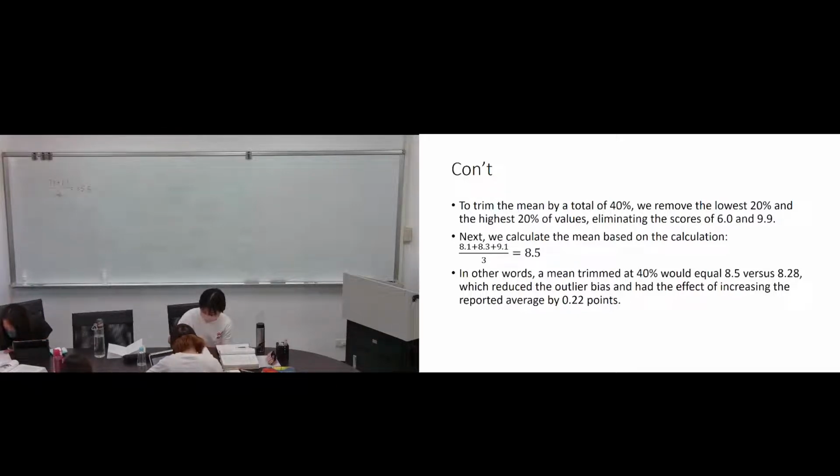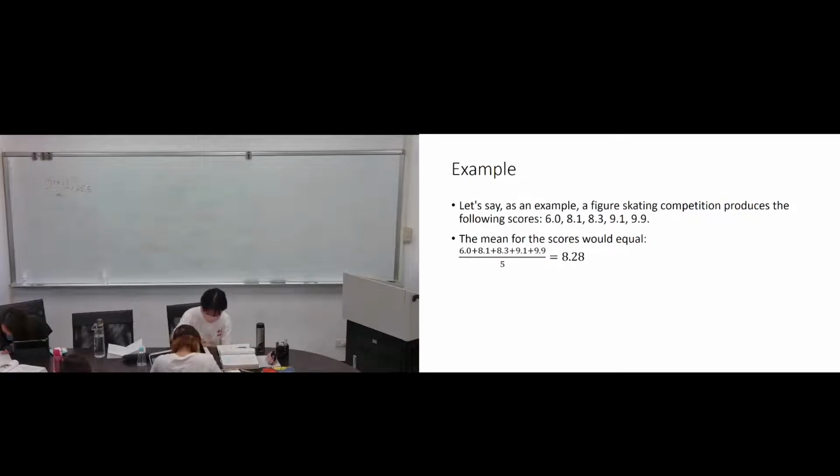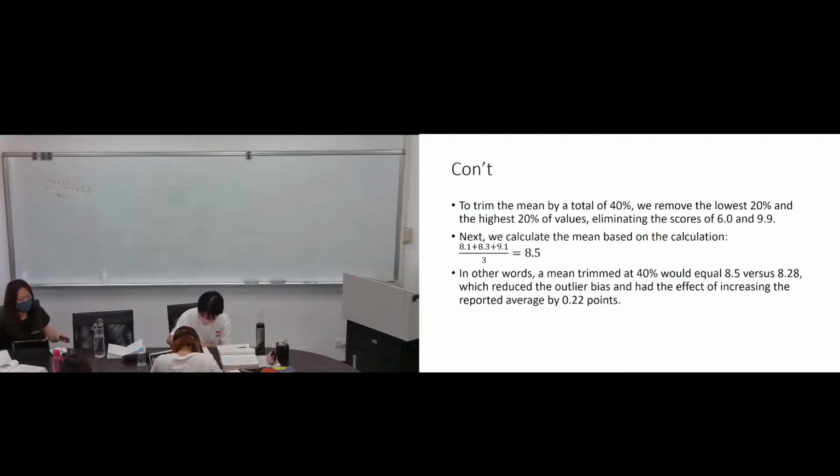That's 8.5. So the trimmed mean after 40% will equal 8.5. Before the trim, the mean for the 5 scores is 8.28, so there's a 0.22 points difference.